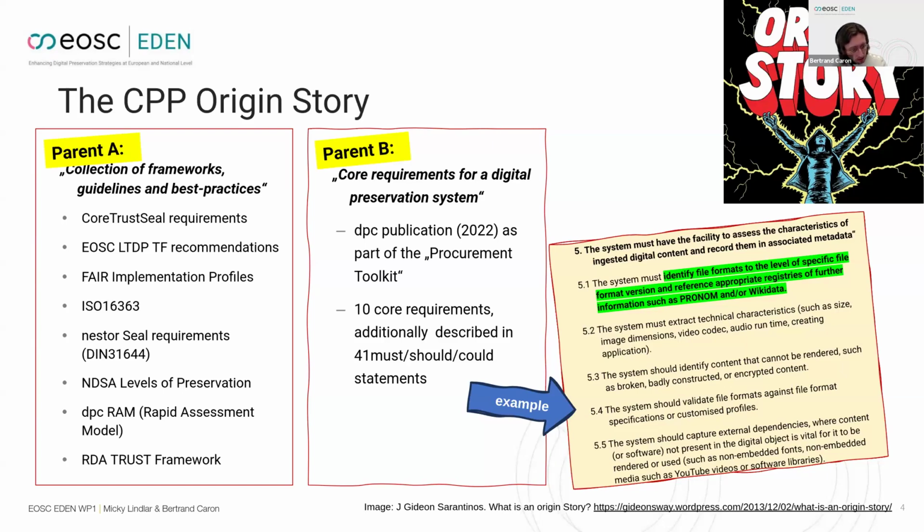We also considered the main certification frameworks: CoreTrustSeal, of course, Nestor Seal, and ISO 16363. And we also added a few reference documents that are specific to the research data management context: the EOSC Long-Term Digital Preservation Task Force recommendations and the FAIR implementation profiles.